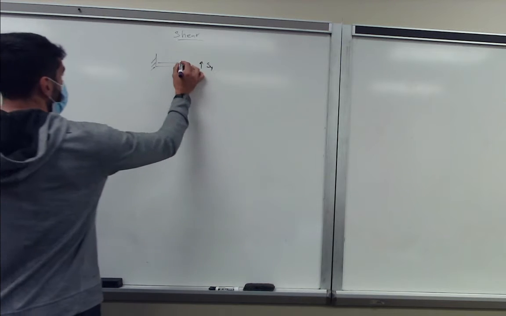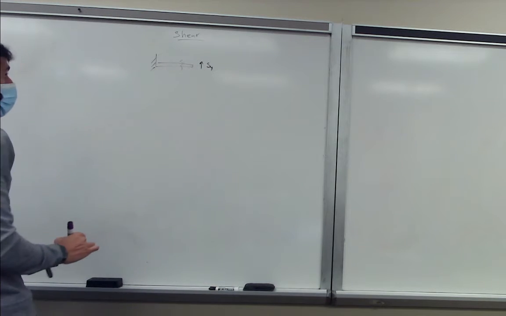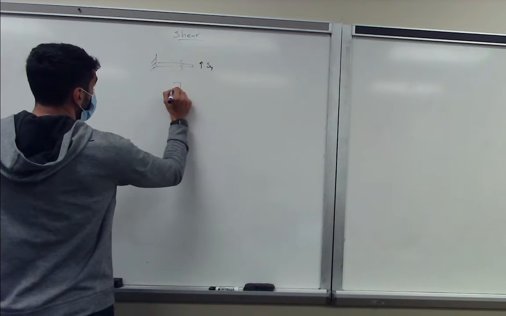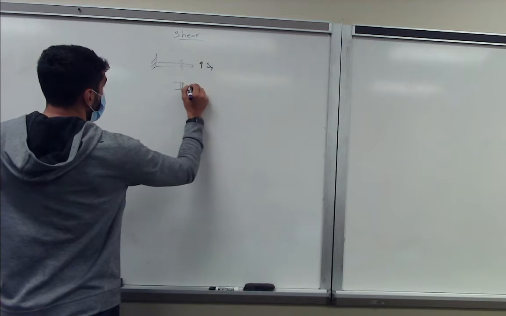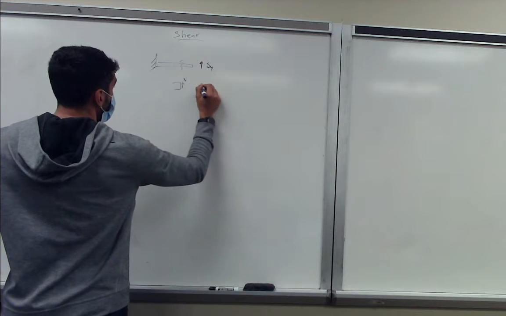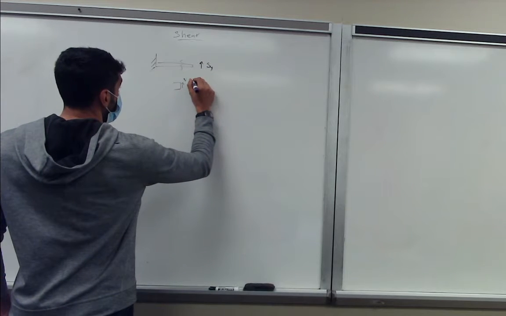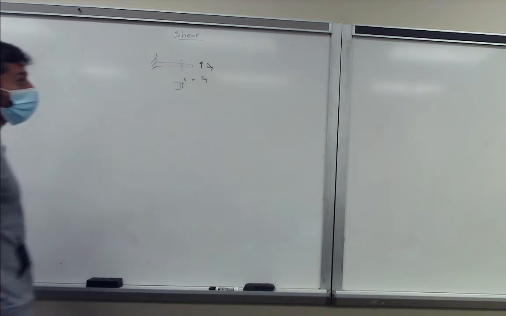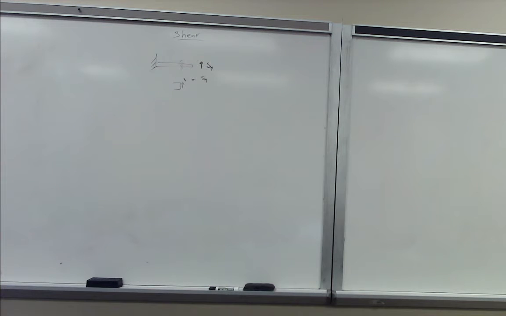If we make a cross section here, we have an internal force, let's call that V for now. And that internal force should be equal to our external applied forces. We just have to remain in equilibrium.